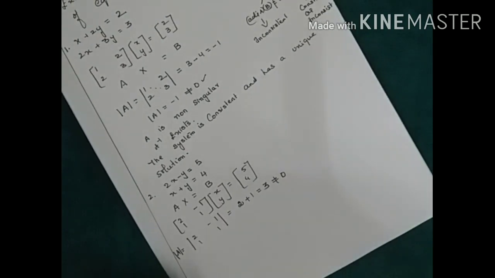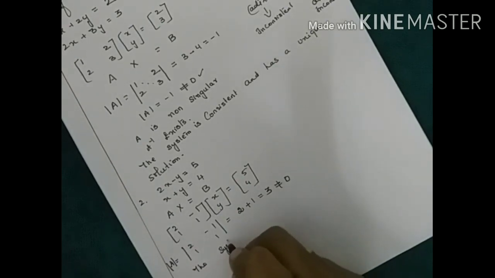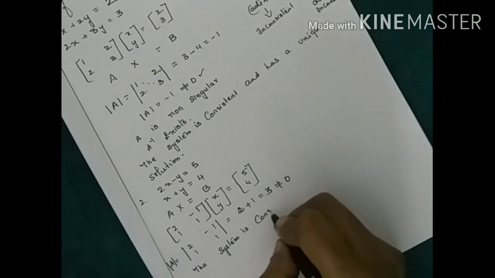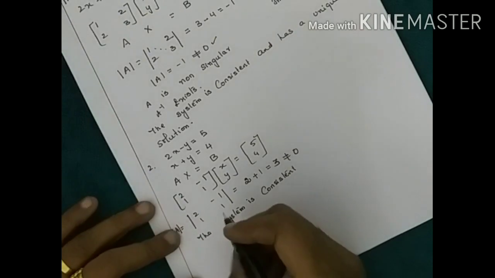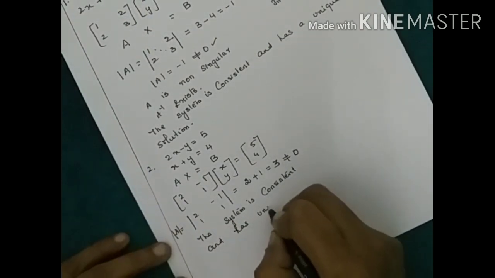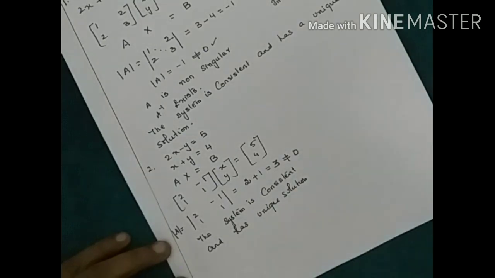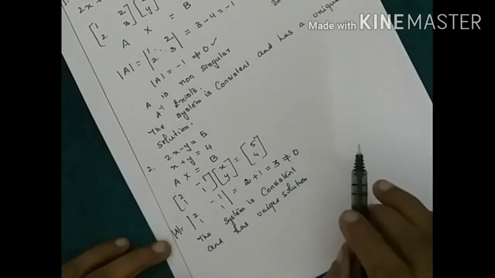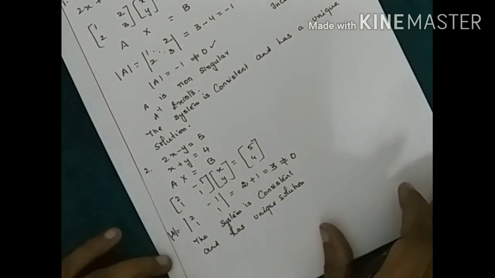So if it is not equal to 0, then we say the system is consistent and has a unique solution. Okay, the system is consistent and it has a unique solution because determinant of A is not equal to 0. This is clear. Now we'll go to the next sum, that is sum number 3.